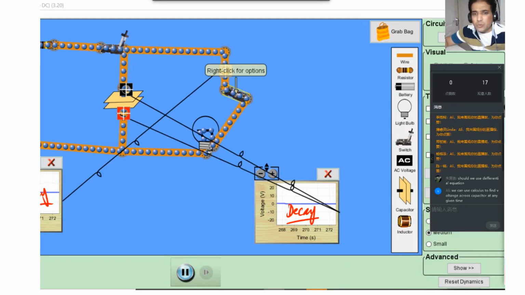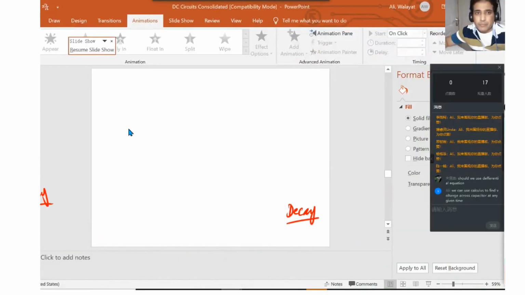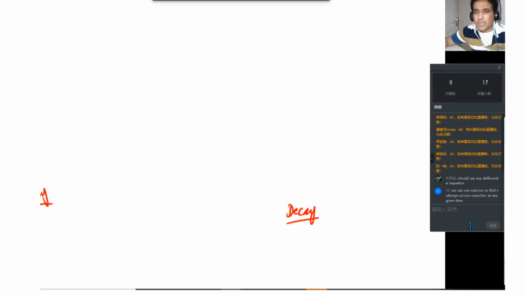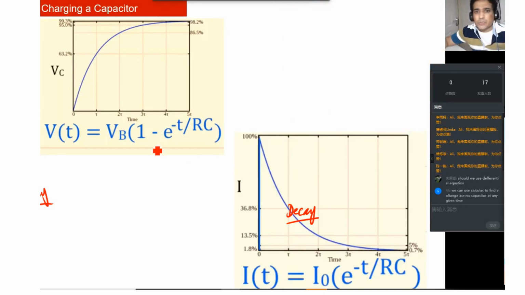Next thing, how to calculate in our exam. That is our main goal actually, how to calculate. Now you can see here. First of all, we are talking about charging a capacitor, as I showed you. This one we can find out by calculus.